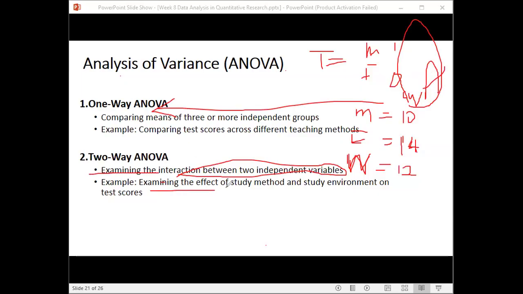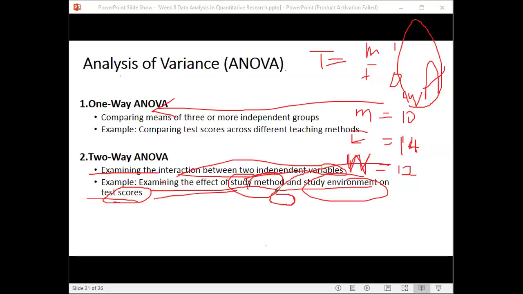So examining the effect of study method and study environment on test scores. The test scores is the variable we want to find the difference between the groups, but we are looking at coming from the study method and then the study environment. How does the study method affect the test scores?